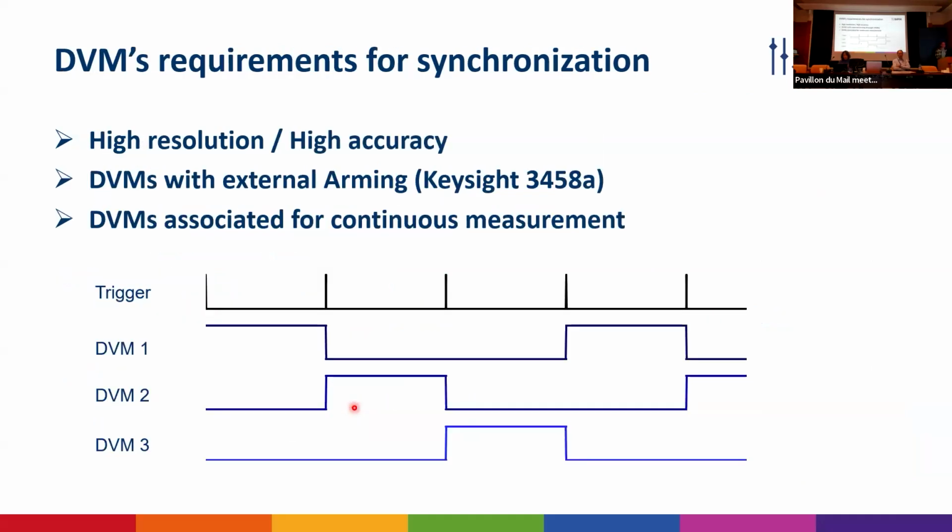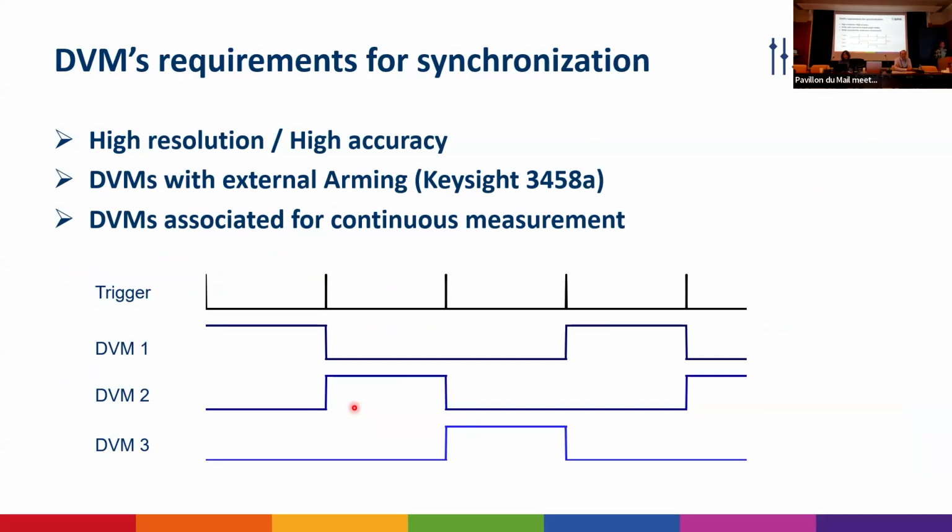Now let's have a few words about the DVM synchronization. In terms of DVM, Jan Robinson is going to present it in much more detail in the last talk of the morning.